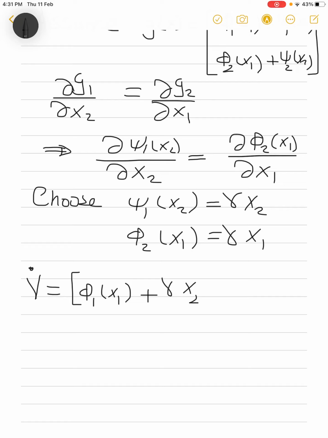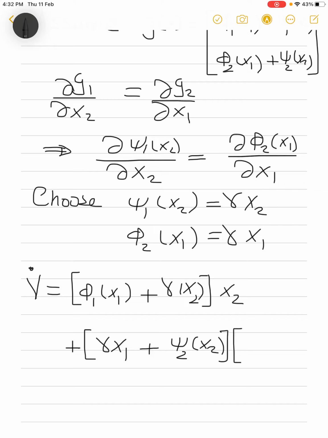This is the psi 1 that we have just assumed, and that's multiplied by x2 plus gamma x1 plus psi 2 of x2, and that multiplied by minus h of x1 minus a x2.